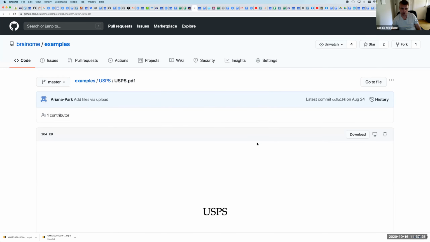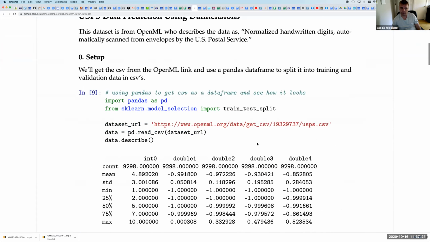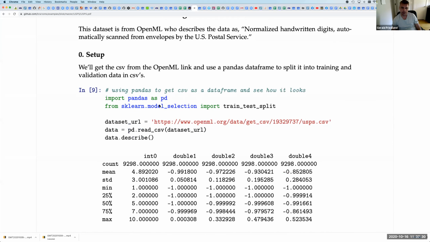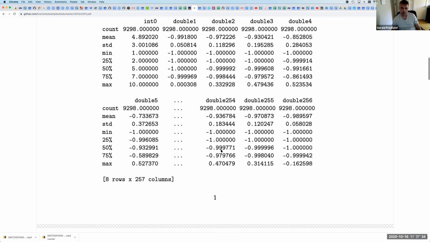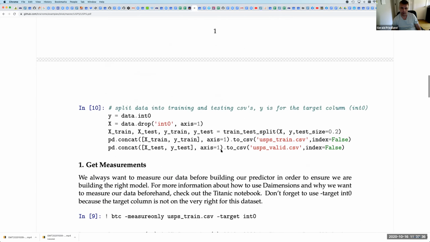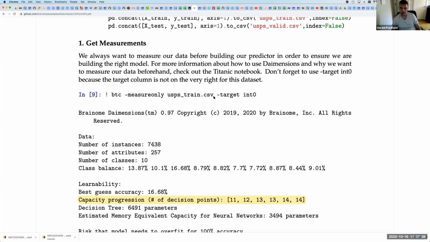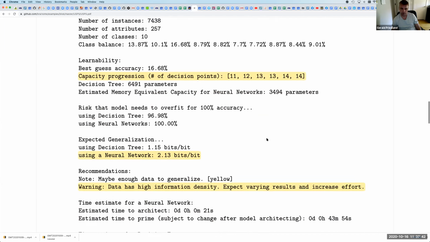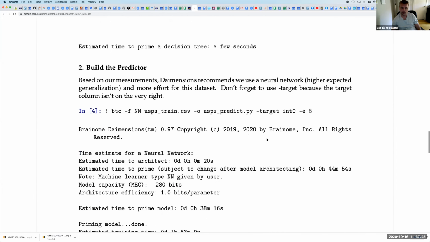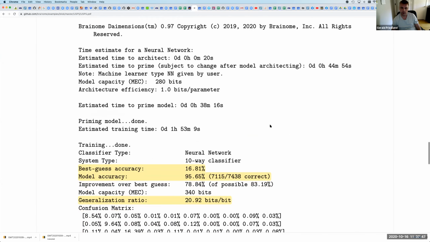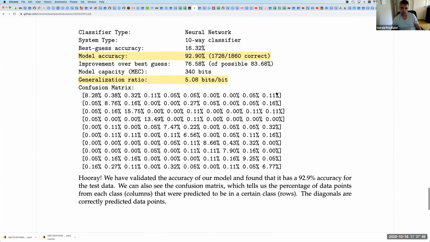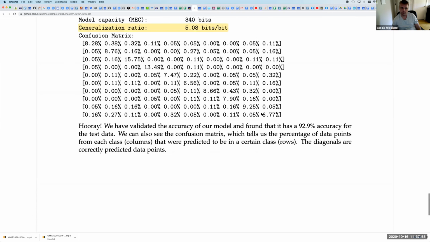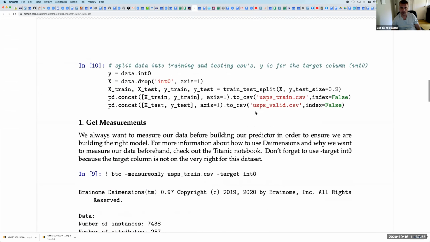And the IPython notebook tells exactly how to use the measurement tool that I showed you within a Jupyter notebook, and you see how you get these USPS digits measured out, and then what you need to look at, then how to build that actual predictor, and what's the actual result, which is 92.9% for this case. It's basically all documented for you.